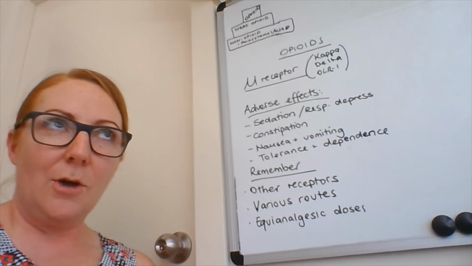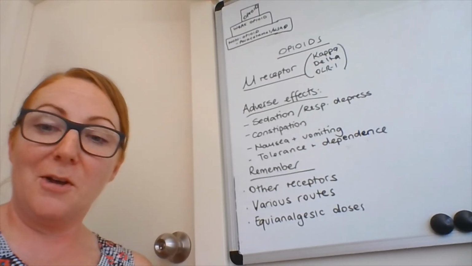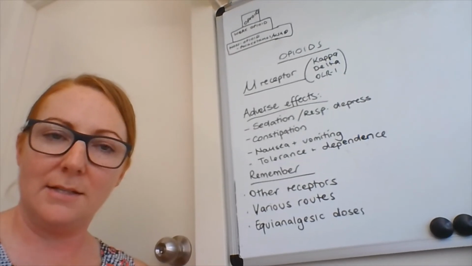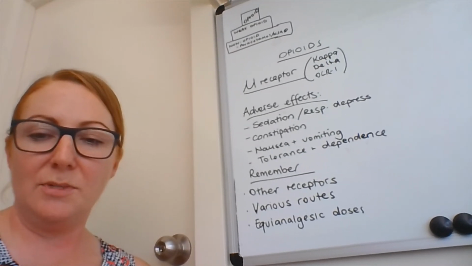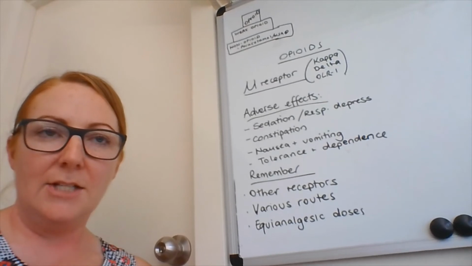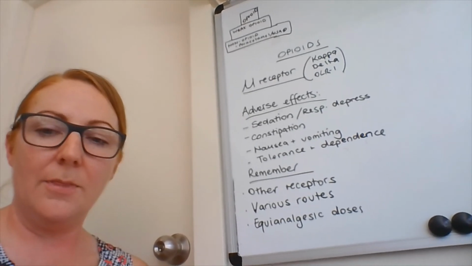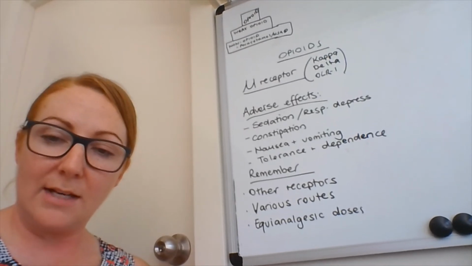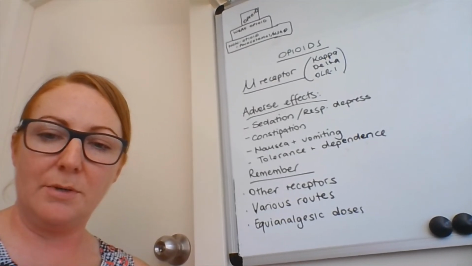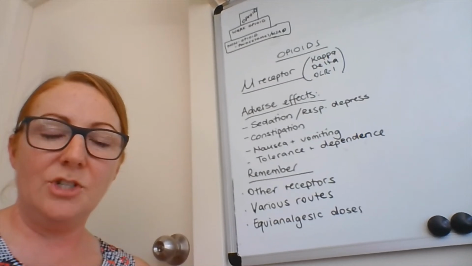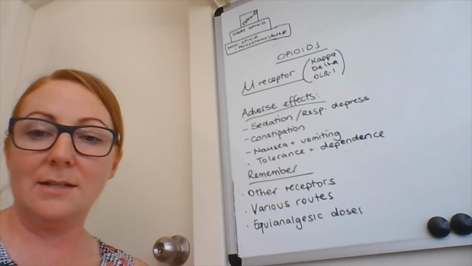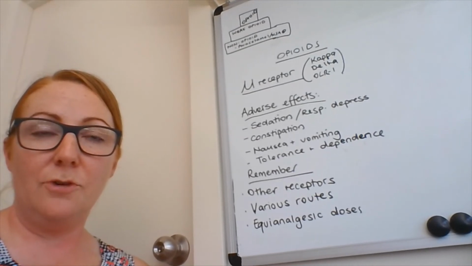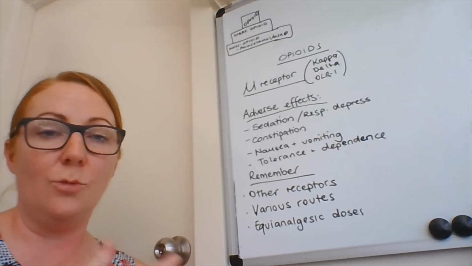So I did just say that codeine and morphine aren't the same, and they definitely are not. In fact, codeine is the prodrug of morphine, meaning that it needs to be metabolized to be active. So codeine is metabolized in the liver to become morphine. Now, the enzyme responsible for codeine to be converted to active morphine is an enzyme called CYP2D6, and that is genetically variable, which means that depending on your genetics, some people will be able to convert that codeine to morphine in a normal fashion.